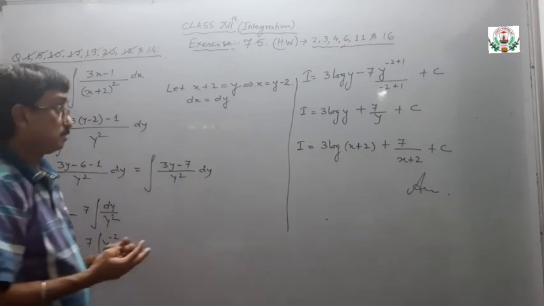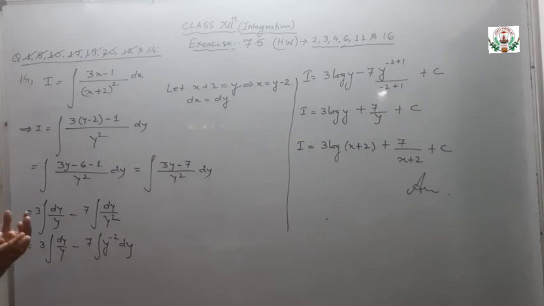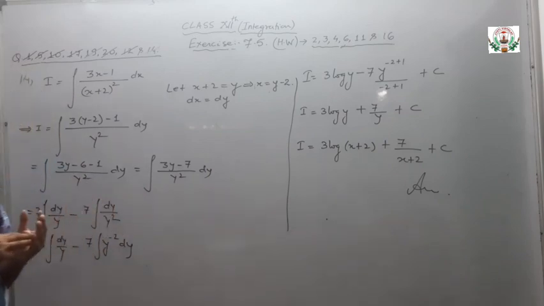And third, for an improper fraction, first you divide the polynomial, convert it into proper form, and write the complete improper fraction in the format of quotient plus remainder upon divisor.